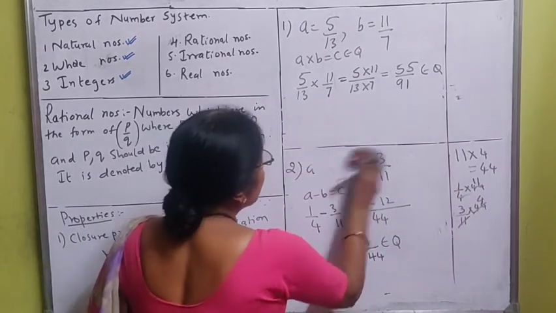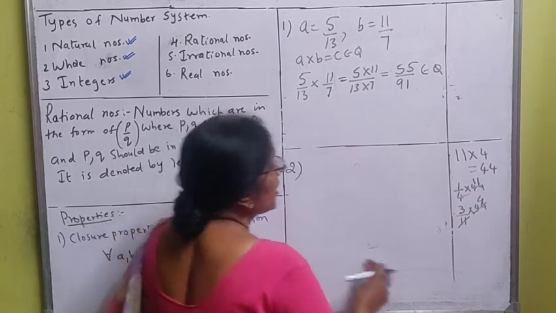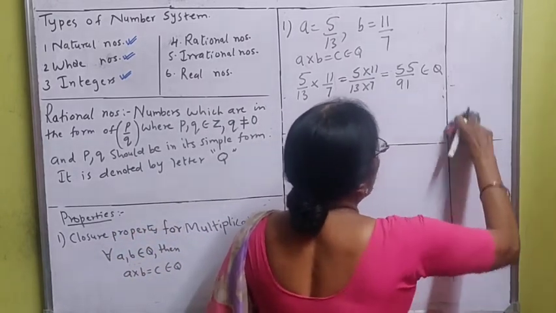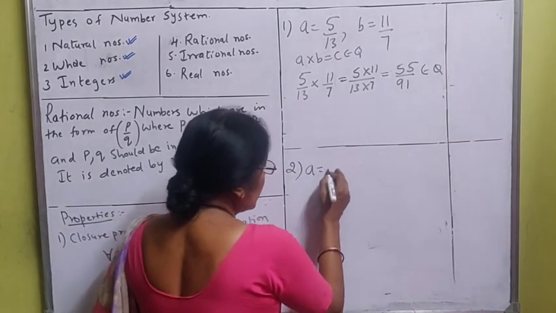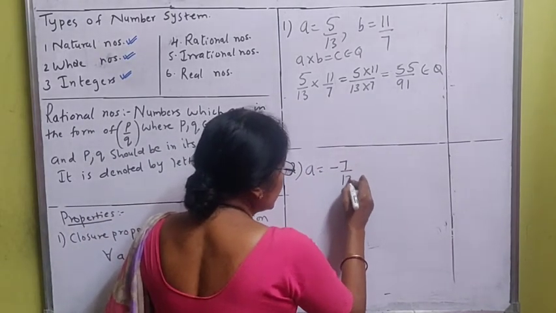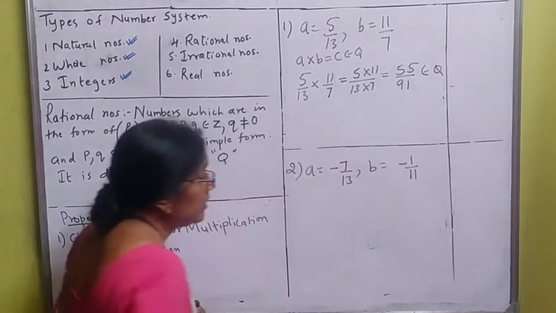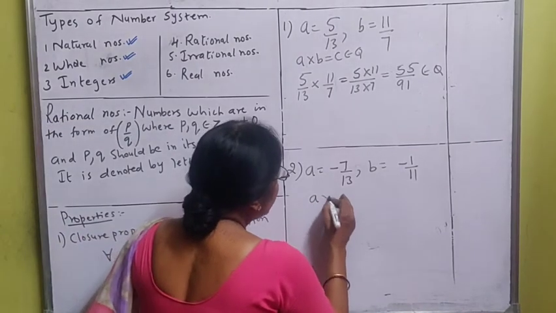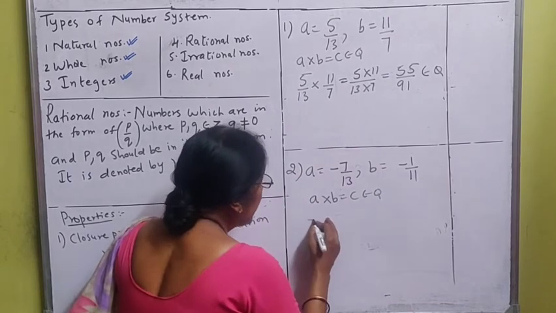Now let us take the second example to show whether multiplication is true for closure property for rational numbers. So A is equal to minus 7 by 13, B is equal to minus 1 by 11. So both I have taken minus sign. So what I have to prove? A into B is equal to C belongs to Q. What is A value?